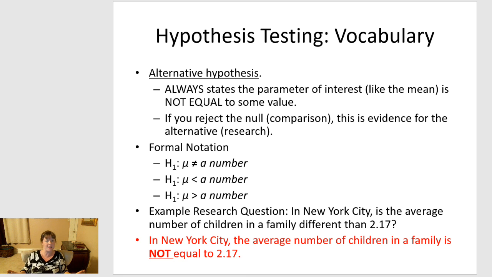There's always going to be some language that suggests that the groups are different, that people in New York City are not the same as the US population in general in terms of the number of children that people have.